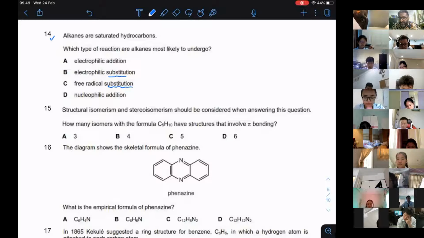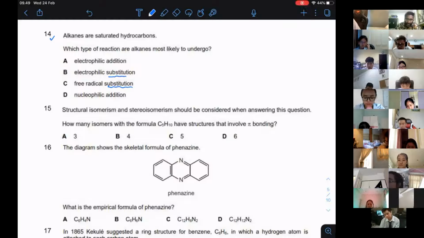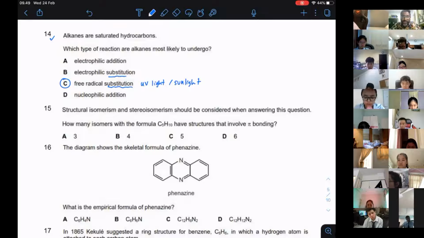For alkanes, even though they didn't mention it in the textbook, I mentioned in my note, it's going to be free radical substitution in the presence of UV light or sunlight. But I told you it's fine to know substitution alone. Here I'm just showing you how the question will be like. They are not going to ask you simple questions only. Now this one, try on your own.